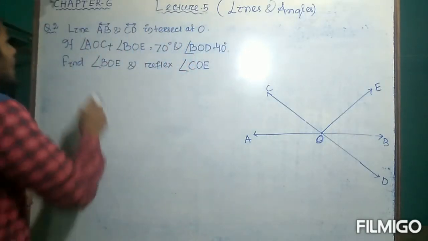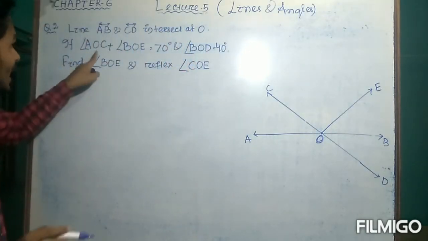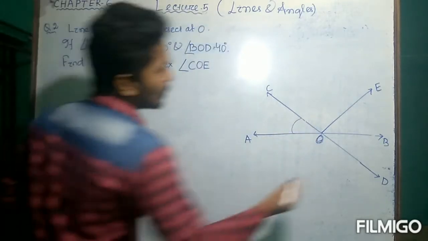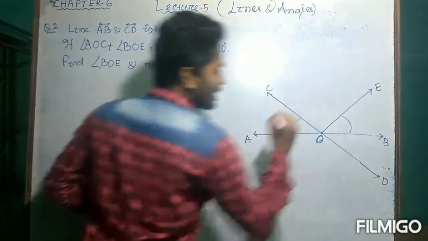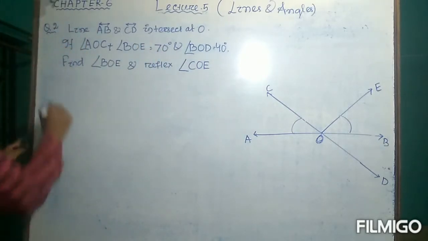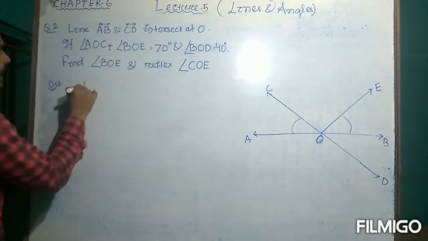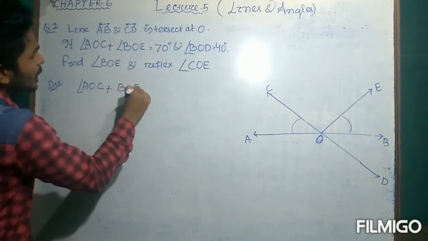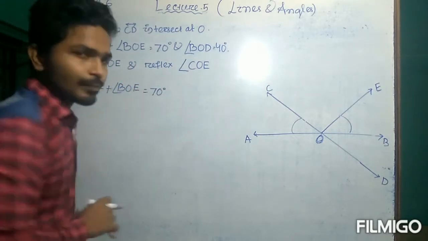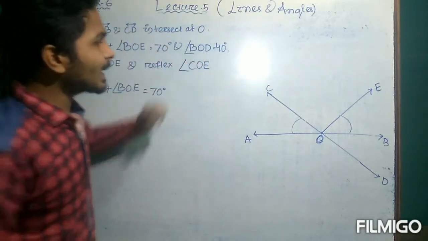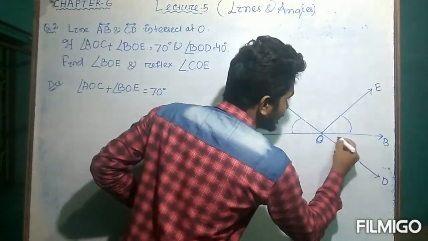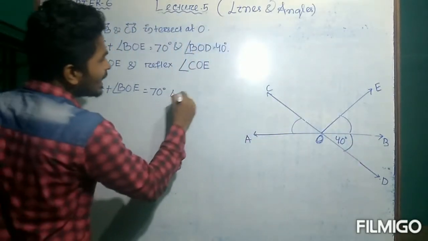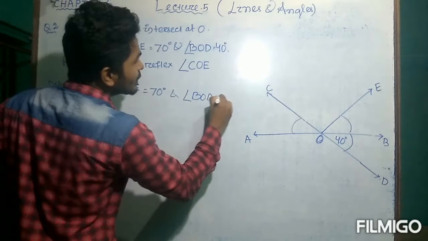So it is given that angle AOC plus angle BOE is equal to 70 degrees. And angle BOD, this angle, is equal to 40 degrees. It is given in the question.